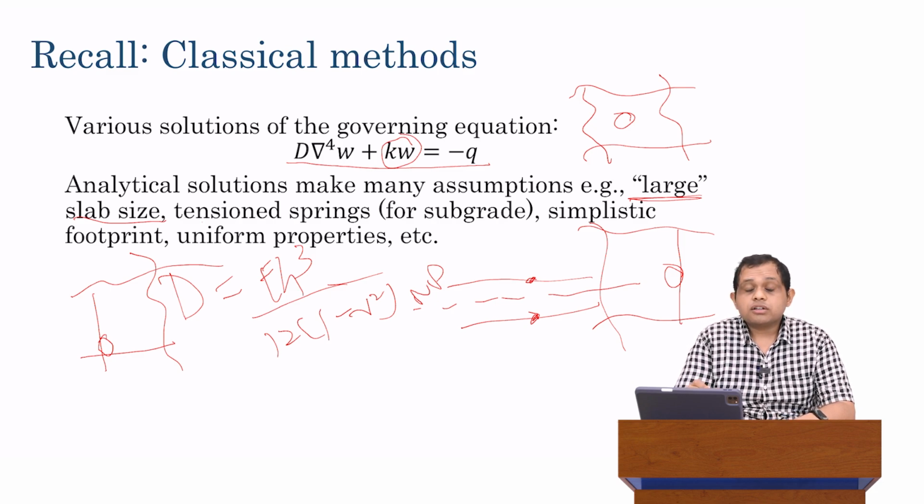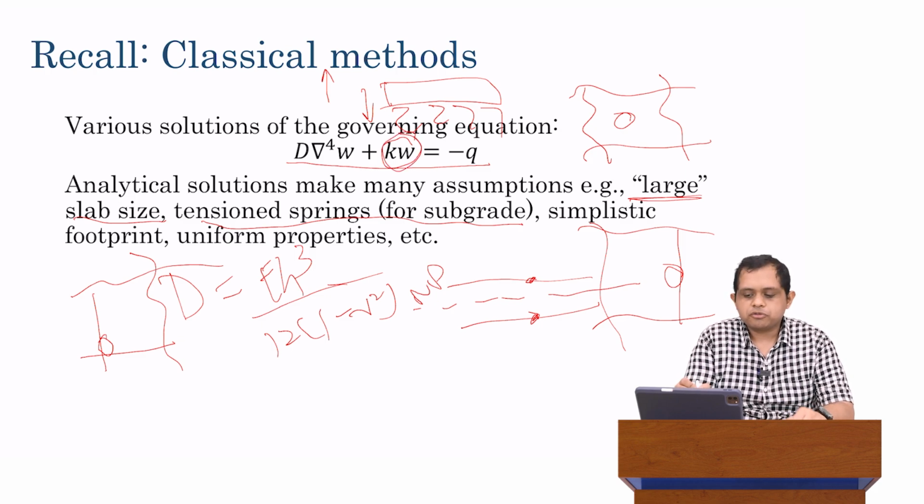Another assumption which analytical methods made was called tension springs. So as I mentioned previously, we assumed that the plate is sitting on a bed of springs. Now we assumed that if the plate has a deformation, the deformation can either be downwards or it can be upwards. In both cases, we said that there is going to be a reaction force, which is this KW term, which is coming from this bed of springs.